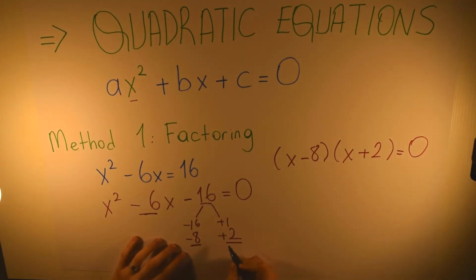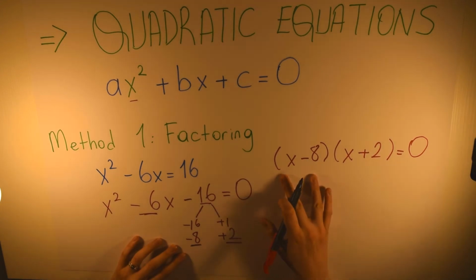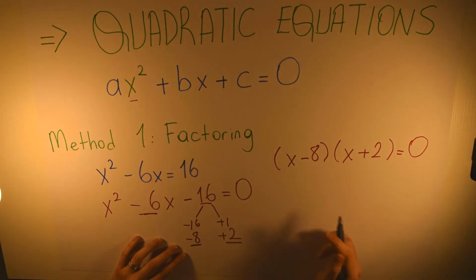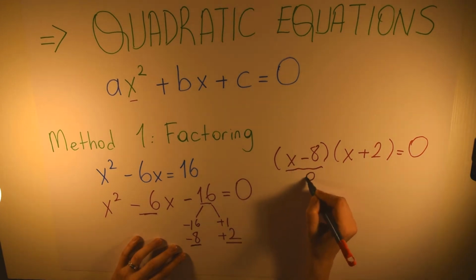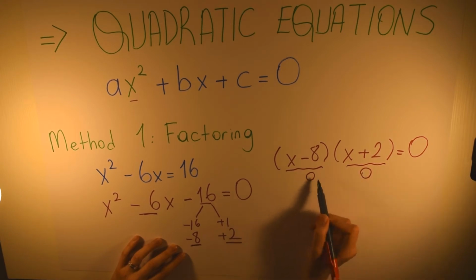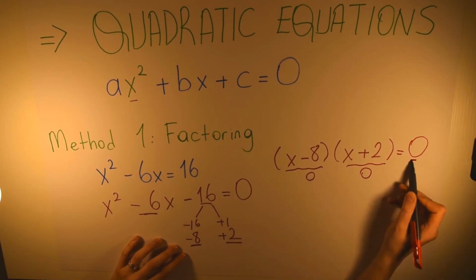After that I will make each of these factors equal to 0, because when you multiply something by 0, it gives us 0, right?